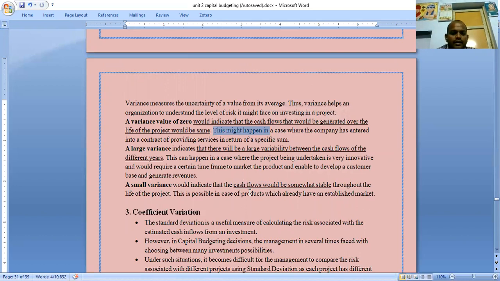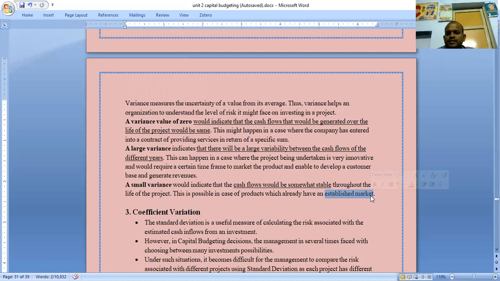In the small variance case, this is possible in case of products which already have an established market. So in any condition, in any situation, they will get some stable cash flows. Say, for example, bath soaps.